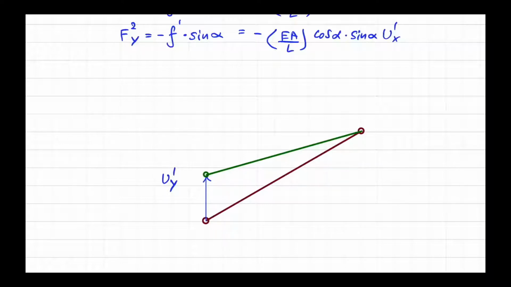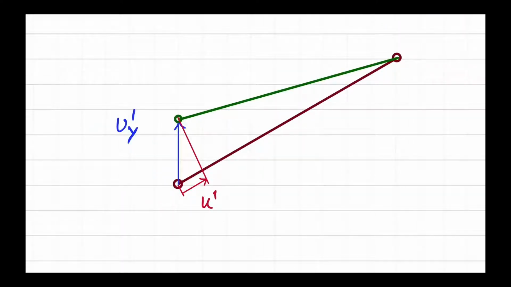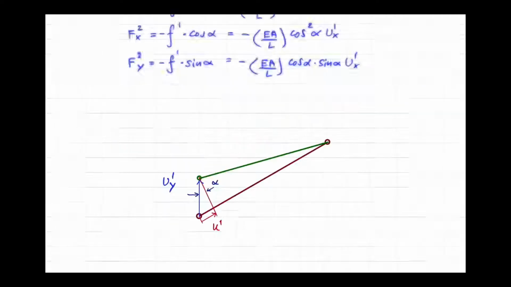And the u1y will cause the change of the length along the axis of the member, that is u1. Okay. The angle here that we have is equal to alpha.